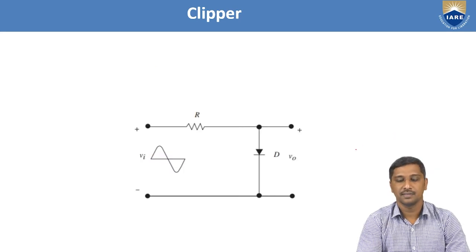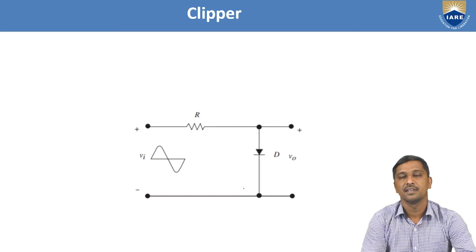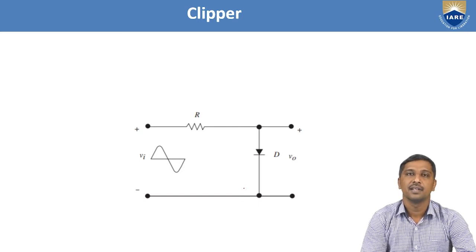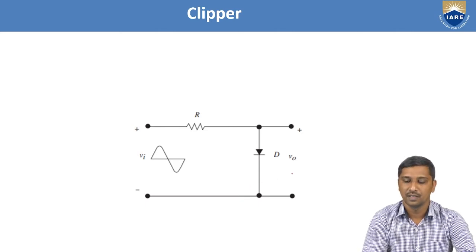Now, here I am going to use the shunt clippers. What is the meaning of shunt clippers? The output voltage is measured across the diode, so the load is in parallel with the diode. Here I consider this is the PN junction diode.